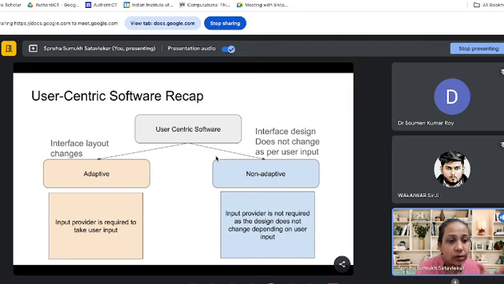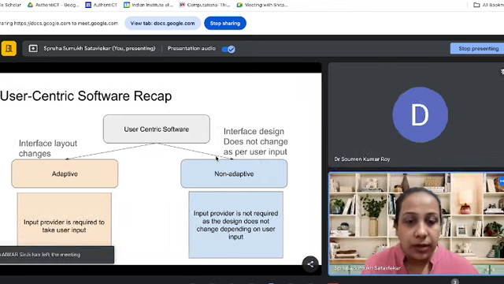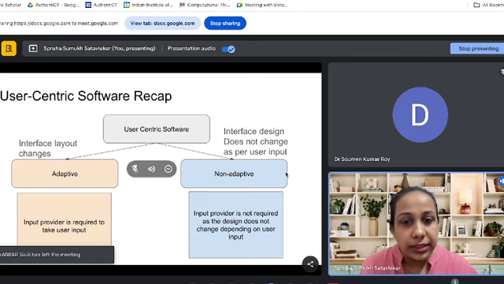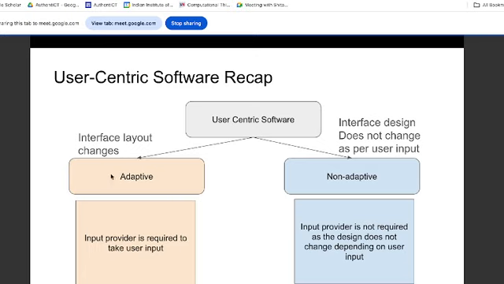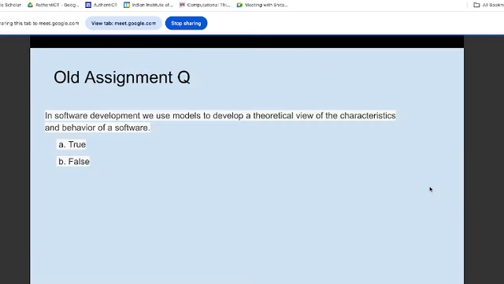What they don't capture is the new user-specific input. So the input provider is not required in the non-adaptive case, and the user state is calculated without the input provider block. The interface design does not change as per the user input. So these are the two main types.